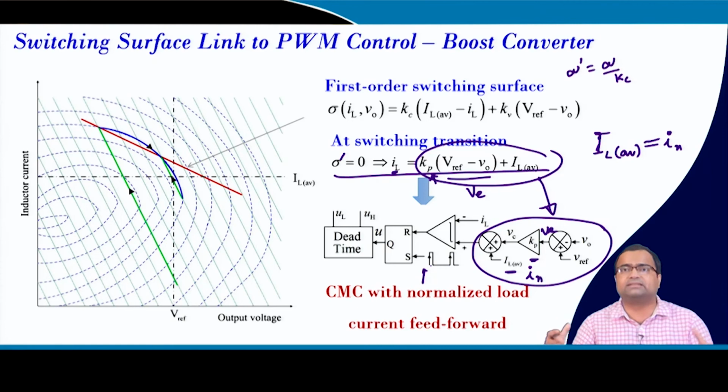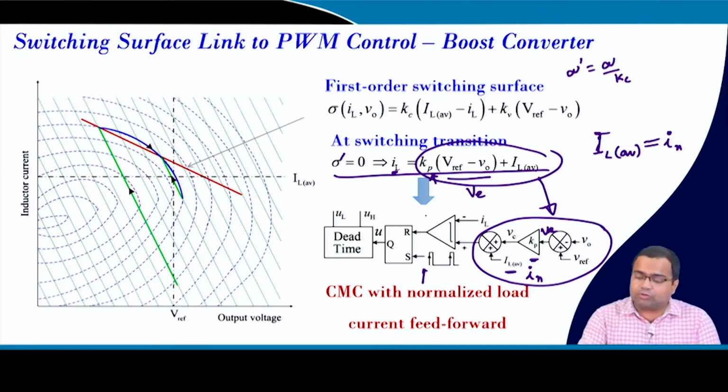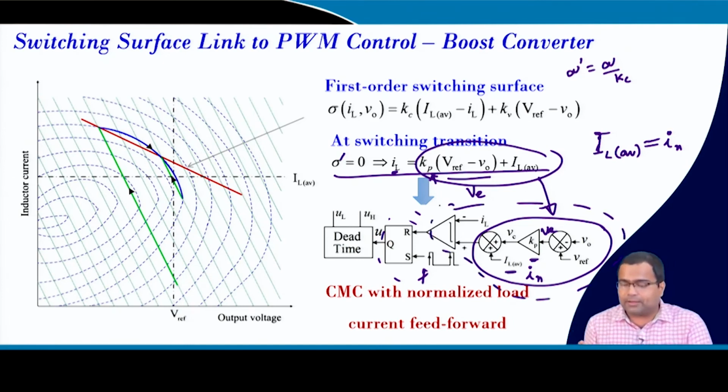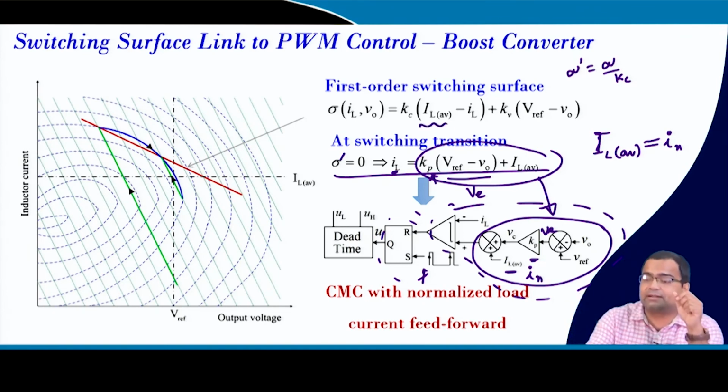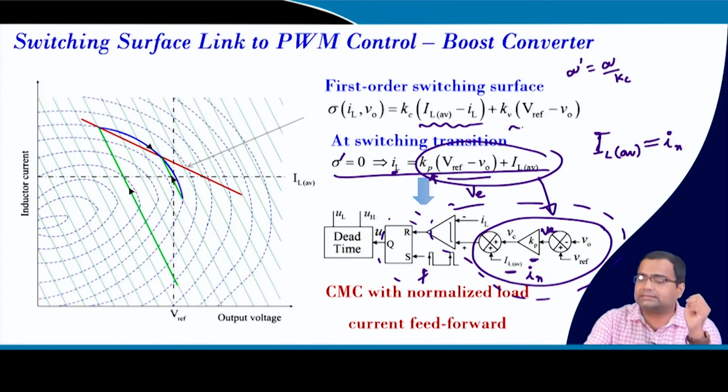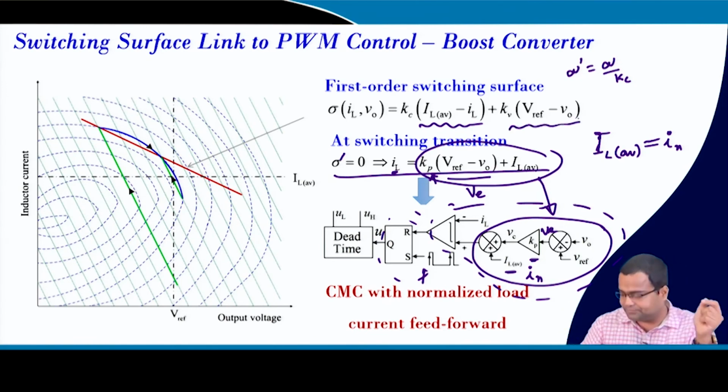That we are going to discuss in the subsequent lecture. So, I have used a pulse width modulator here, but you can also use a constant on time modulator or hysteresis control technique, but the logic is this, up to this part is vital. So, this is a normal load current feed forward, where this normalization factor acts something similar to a derivative action, and this is like a proportional control.